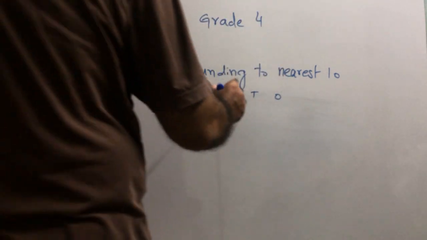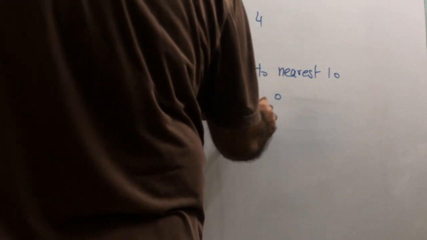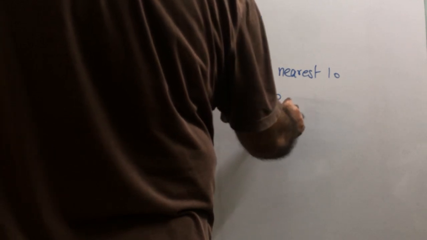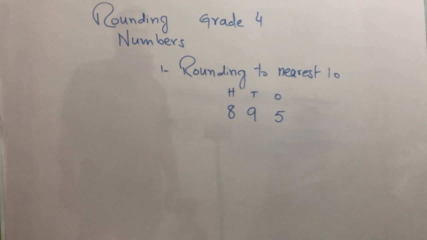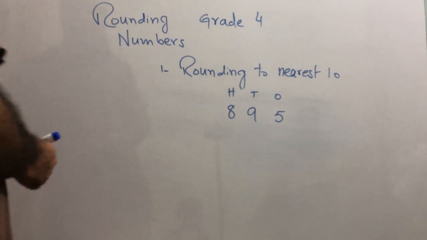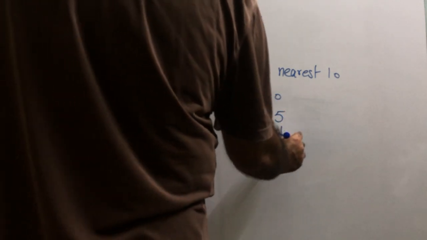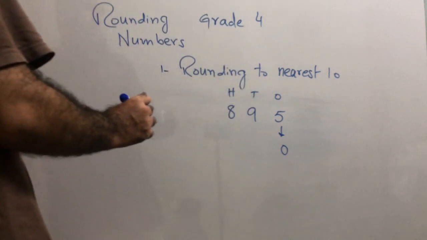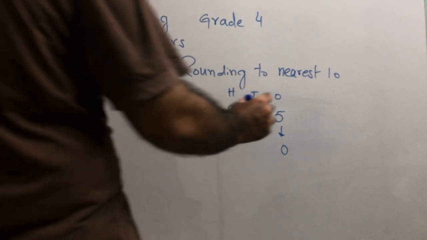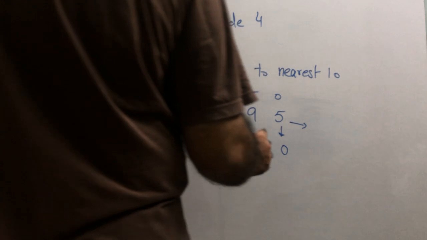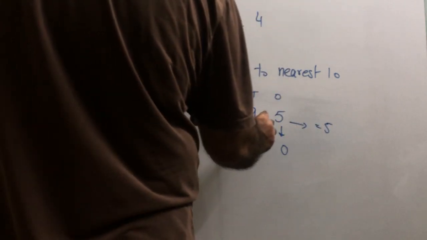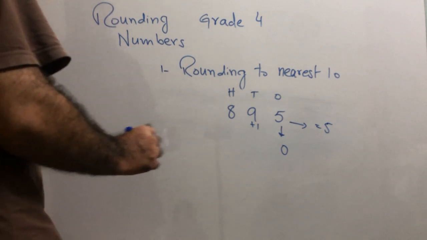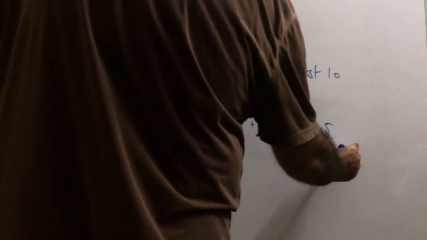Now we move ahead with more examples. Let's suppose we have 895. We need to round it to nearest 10. The very first action is that the ones place becomes 0. We don't need any number here other than 0. The second thing is that the number on ones place is equal to 5, so we add 1 here. 9 plus 1 becomes 10.